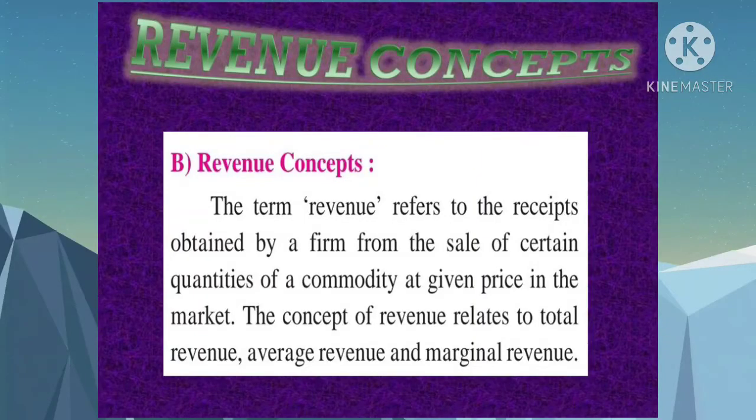Let us proceed to understand revenue concepts. The term revenue refers to the receipts obtained by a firm from the sale of certain quantities of a commodity at given price in the market.